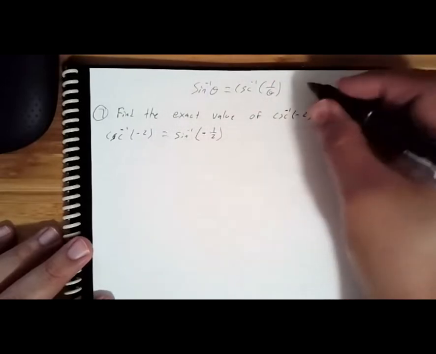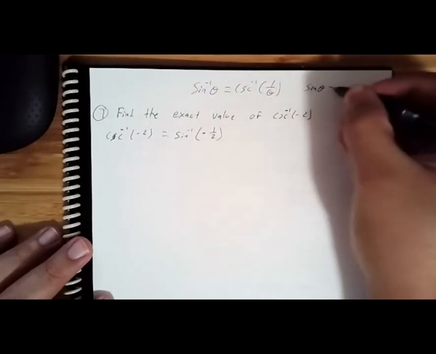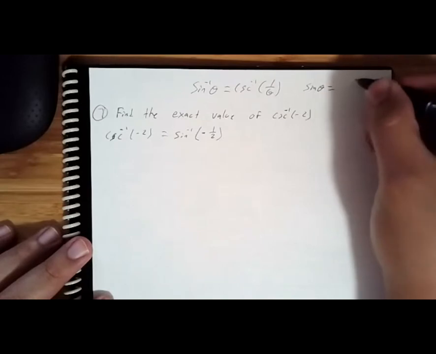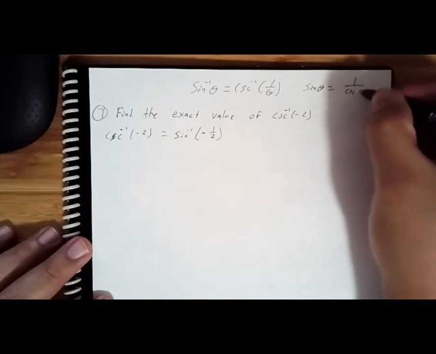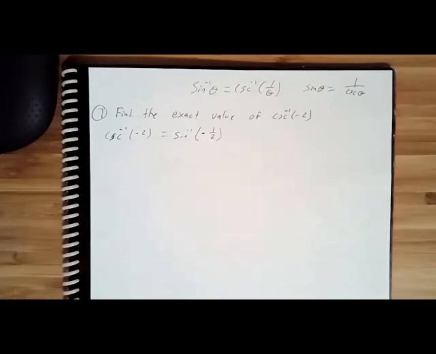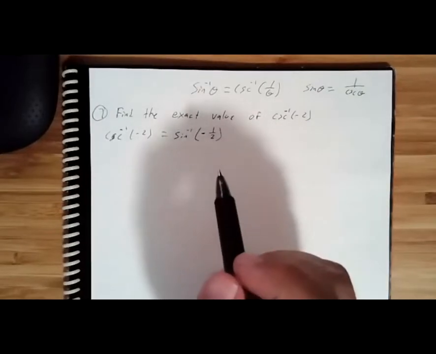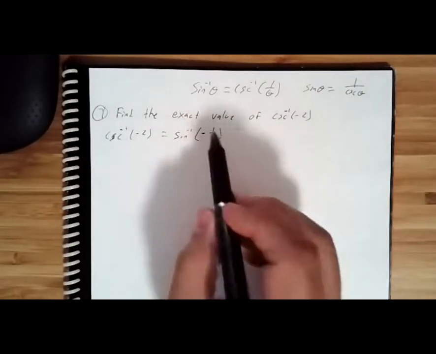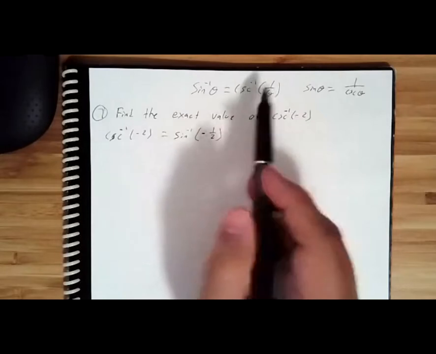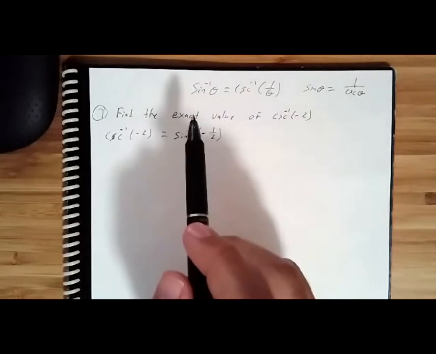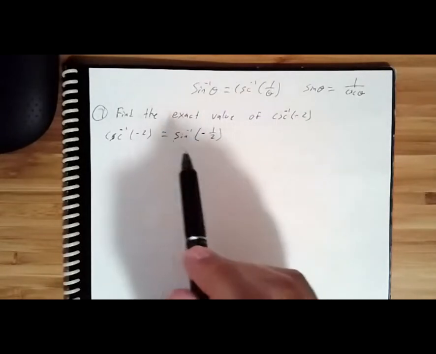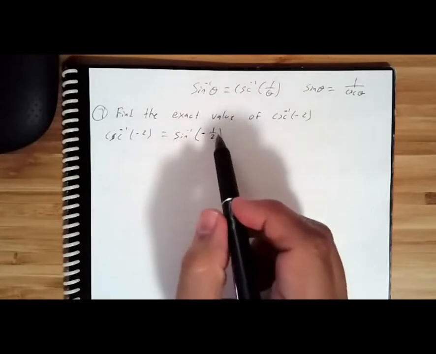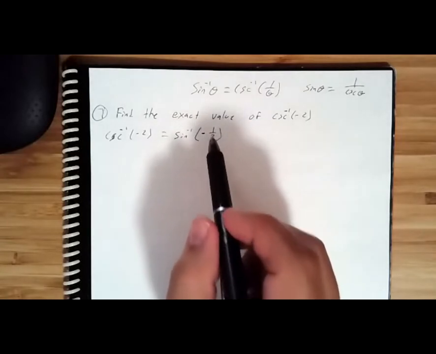And that's a consequence of sine theta equal to 1 over cosecant, right? So since I know how to deal with sine, I went ahead and changed it using this property. And once we've done that, this ends up a value on the circle, right?